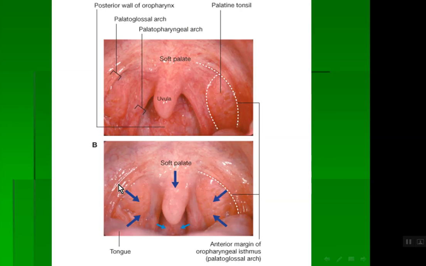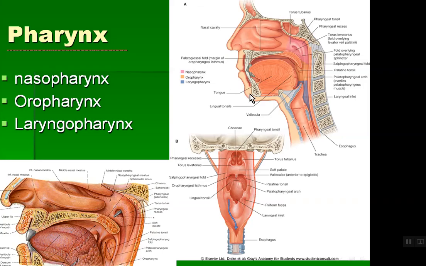And in the lateral side of the soft palate, in the oropharynx, we can see the location of the palatine tonsil. The palatine tonsil is a feature of the oropharynx. And in the laryngopharynx, there isn't any dominant feature that I want to tell you.